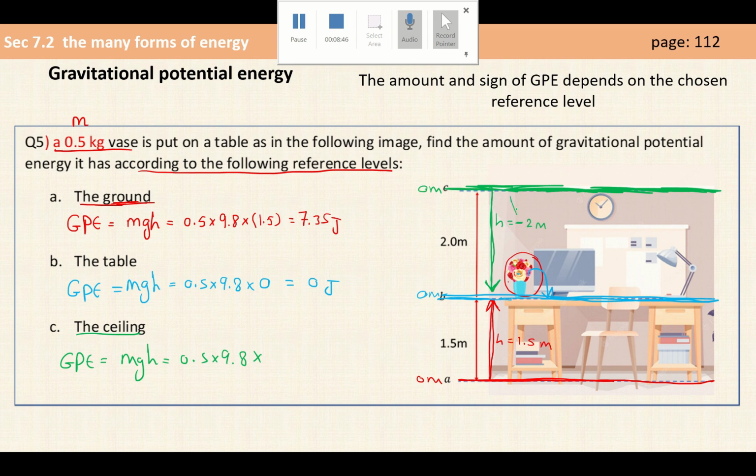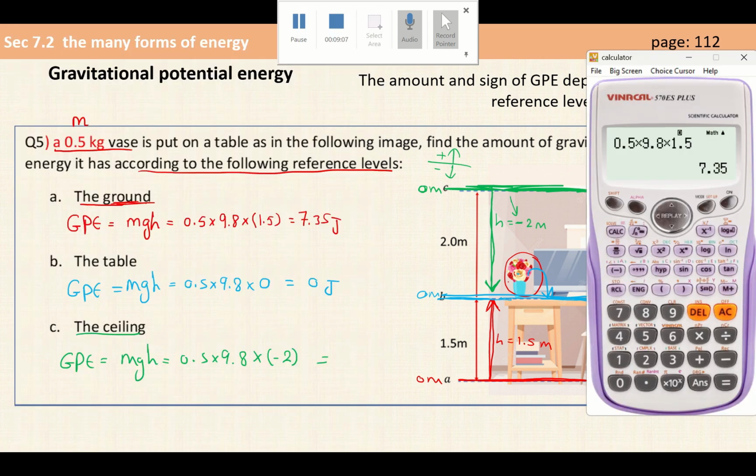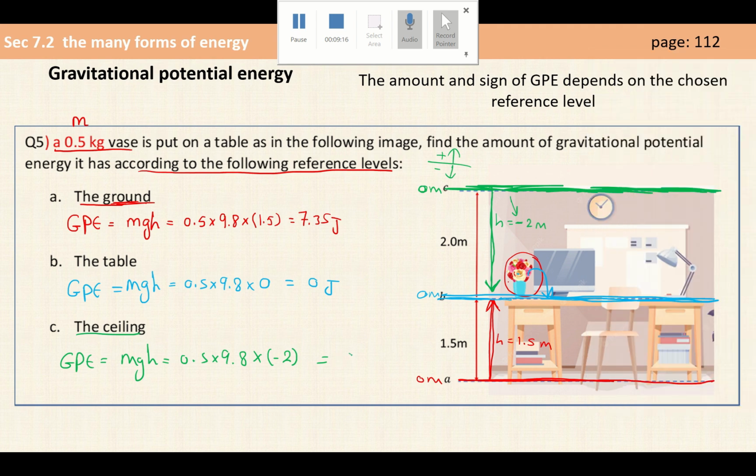So since it's below, we're going to put negative. Remember, anything above the 0 is going to be positive. Anything below the 0 is going to be negative. So since it's below the reference level, it's going to have a negative value, minus 2. Multiplying this using the calculator, 0.5 times 9.8 times negative 2 will give you minus 9.8, of course.